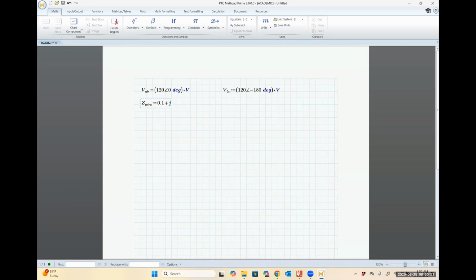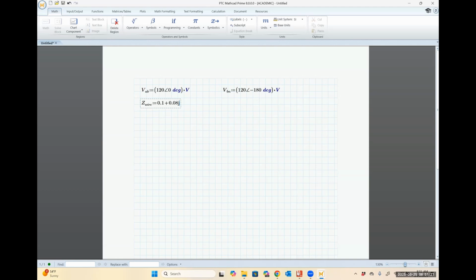If I did J 0.08, notice that that J is italicized. That means it's treating that J as if it were a variable. When I put it at the end, it's not italicized, so it is treating that J as if it is the imaginary operator, the square root of -1. You could just as easily put I there and it would treat it the same way, because MathCAD has both I and J built into it.